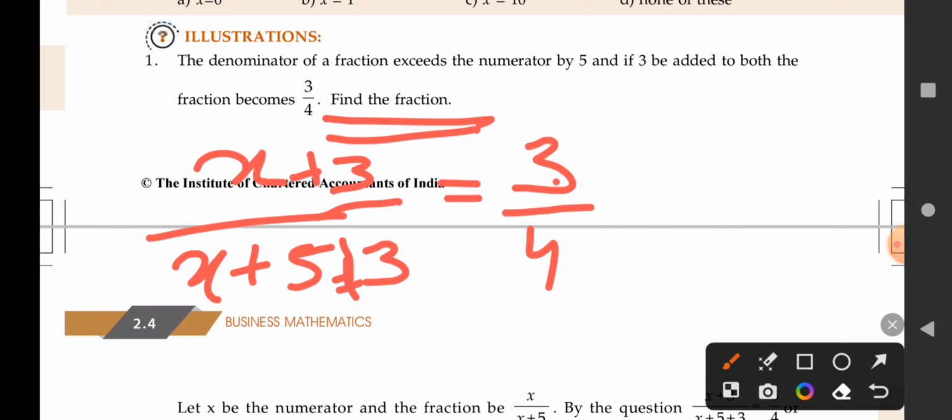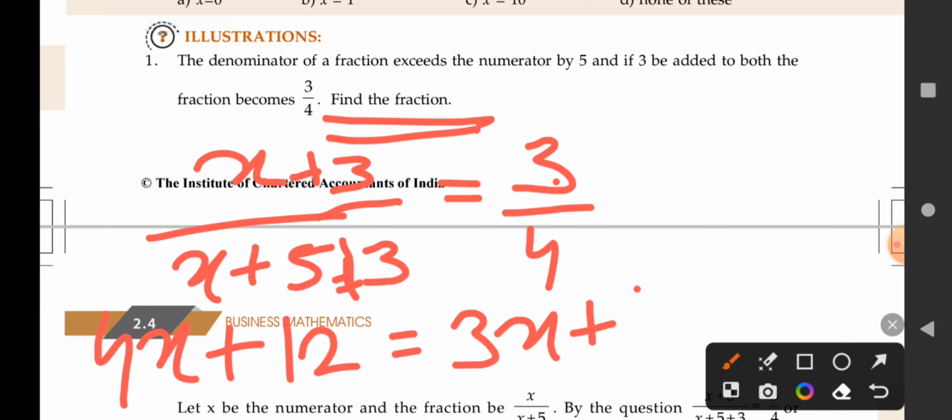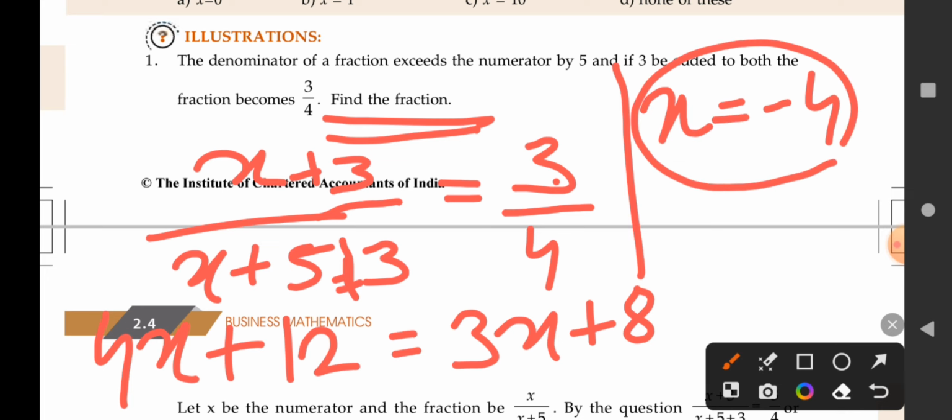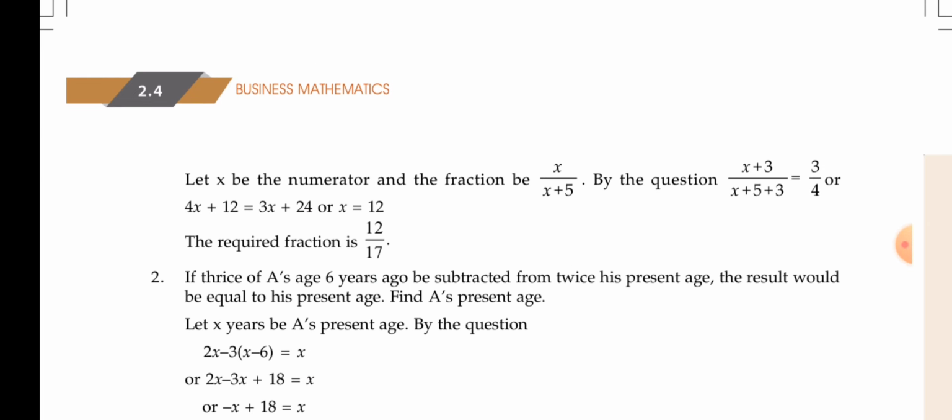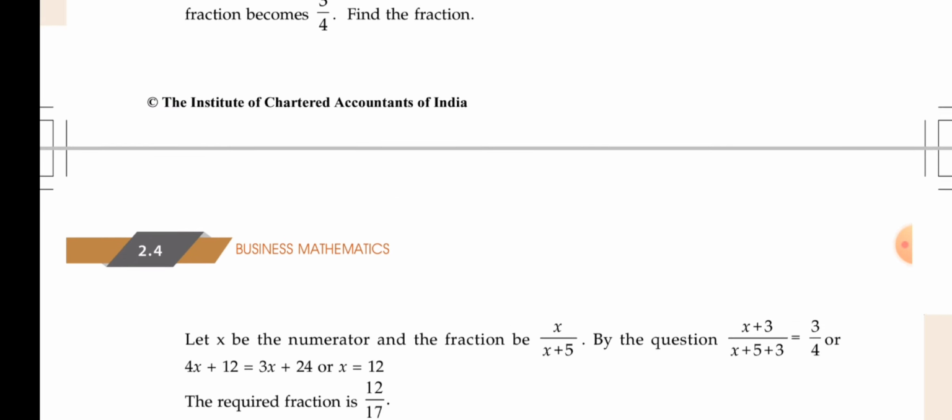Simple, so you have to solve. So you get 4x plus 12 equals 3x plus 8. So x equals 8 minus 12, which is minus 4. Okay, I did something wrong.